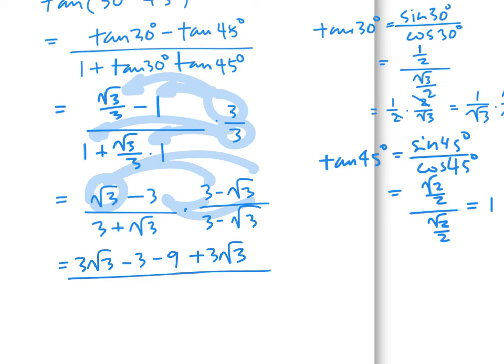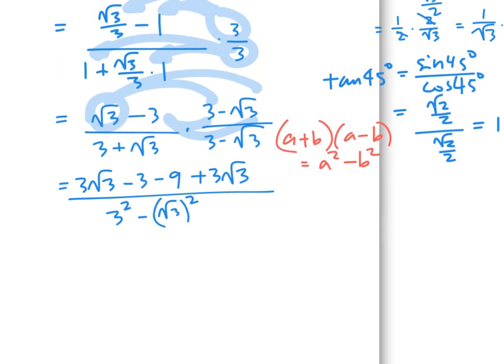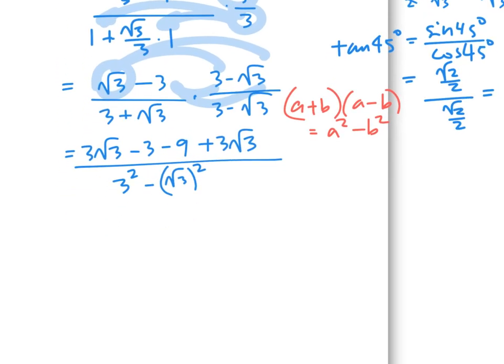In the denominator, the reason we want to multiply by conjugate is so that we can see that it is an a plus b times a minus b. A plus b times a minus b is a squared minus b squared. If you don't do that and you FOIL, it's just going to take way too long. So please take the shortcut.